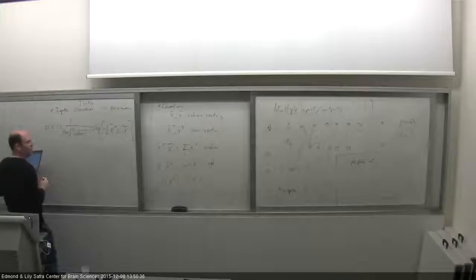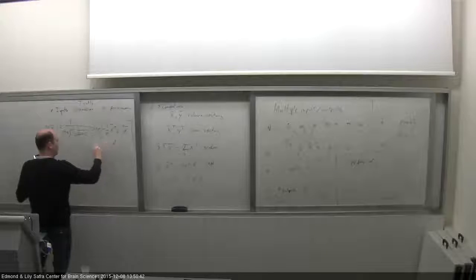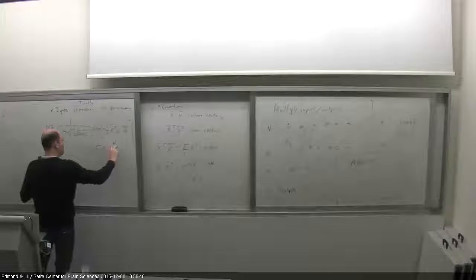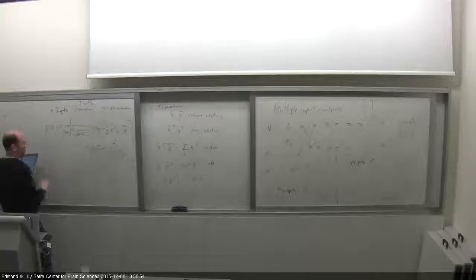So this is a general form for a multidimensional Gaussian. You went through this with Netta. What we mean by this is a sum over i and j, minus half a sum over i and j of xi C to the minus 1 ij xj. This is the inverse of the matrix C that appears here.